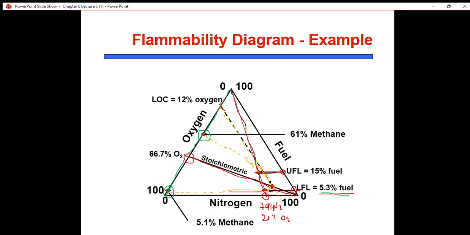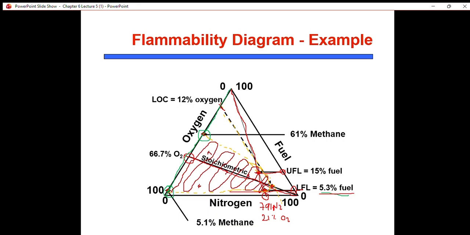As a result, if I take any concentration in this region, this will be the flammable zone, or the fire will start if I have the combination or concentration of oxygen, nitrogen and fuel at any point here, for example here, here, here.